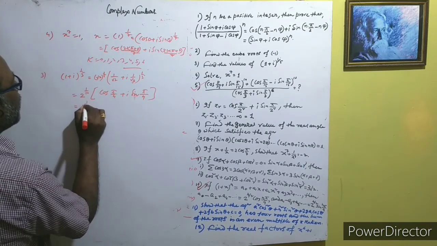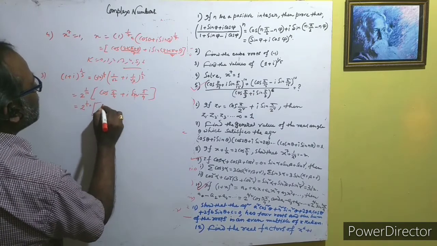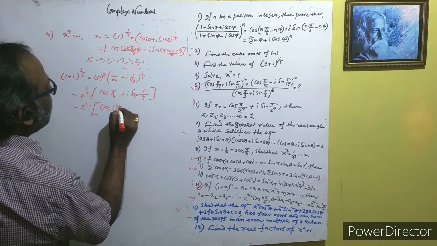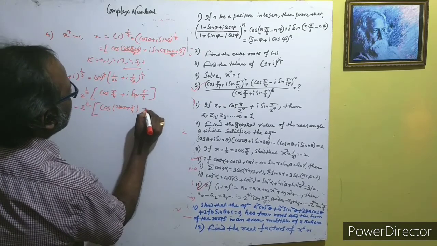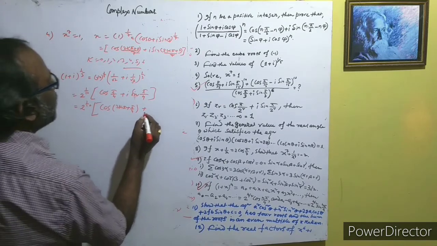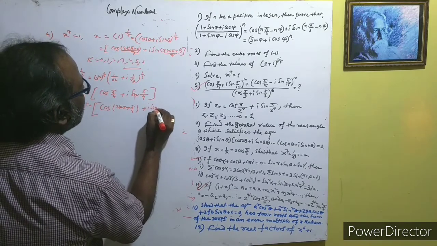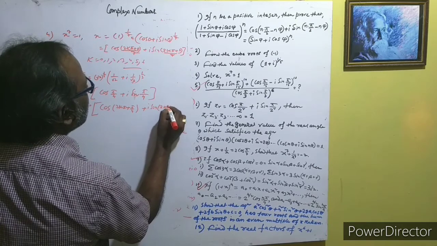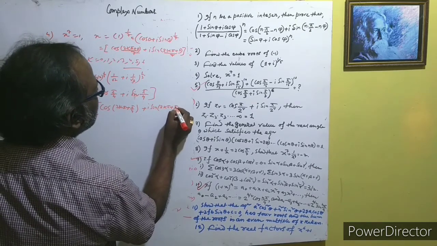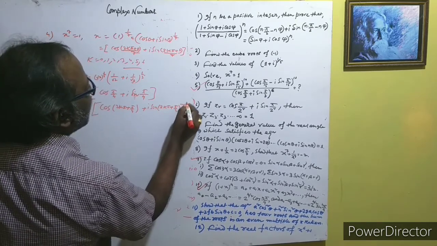See, this is 2 to the power 1/10 here, and now this is added with 2k pi plus pi/4. Again we repeat, there is the fraction power 1/5, so in this formation we get 5 solutions.